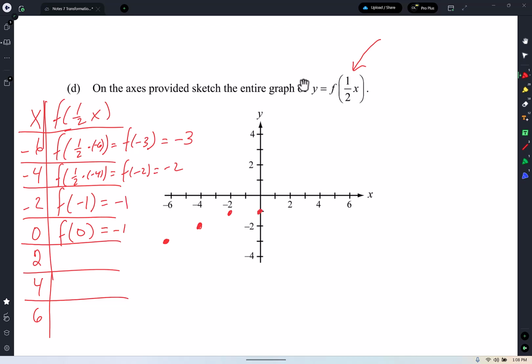What's half of 2? 1. And f of 1 was 0, so 2, 0. Half of 4? 2. And f of 2 was 1. 4, 1. And half of 6? 3. And f of 3 was 0, so 6, 0. Look at what happened.